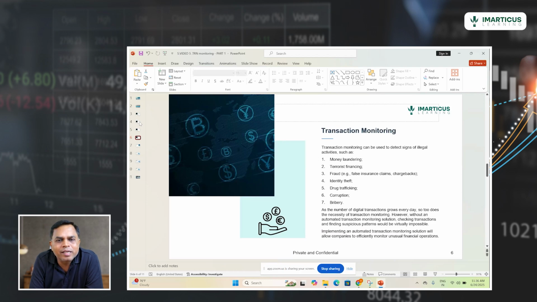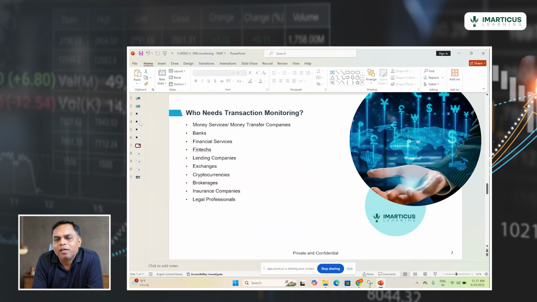For example, it is aimed at preventing money laundering, terrorist financing, and fraud. It can also be done to check for identity theft or similar crimes, for example corruption, bribery, etc. These are the types of transactions the bank wants to identify, and with that purpose, transaction monitoring is performed.